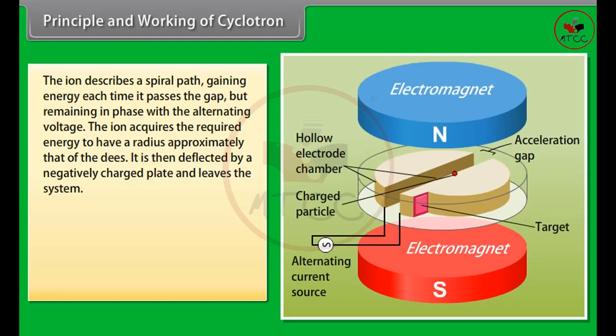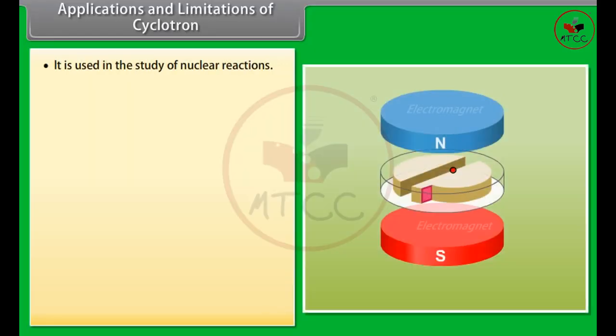It is then deflected by a negatively charged plate and leaves the system. The maximum energy attained by the ion is given by B²R²q² divided by 2m. Applications and limitations of cyclotron. It is used in the study of nuclear reactions.